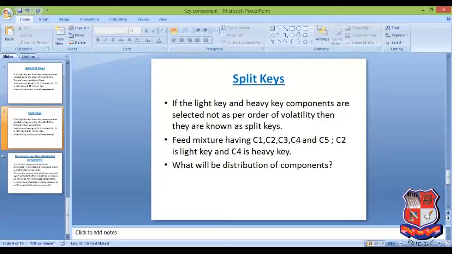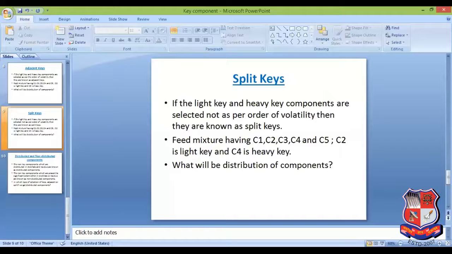Over here my light key will be C2. The components which are lighter than light key should be absent in residue. Over here C1 is lighter than light key. So C2, C3, C4 and C5 will be there in residue.